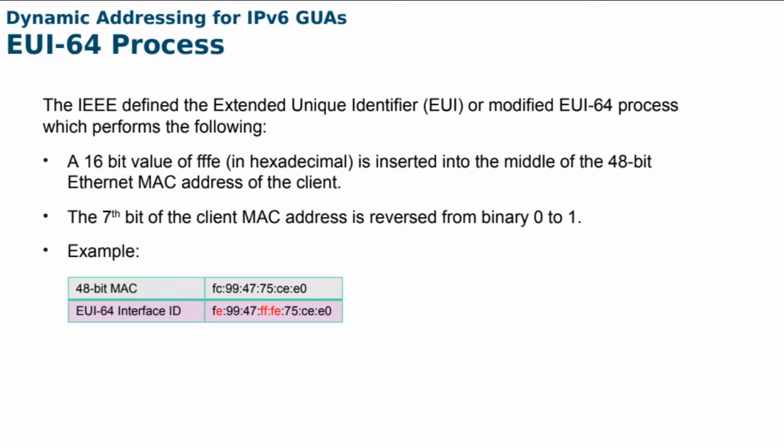The first one on the left. Only this one is reversed, the one in red color. E. See the E? You got it? So the original address is this one. Now it becomes this one. We convert the bit, the binary, not the hexa, the binary.